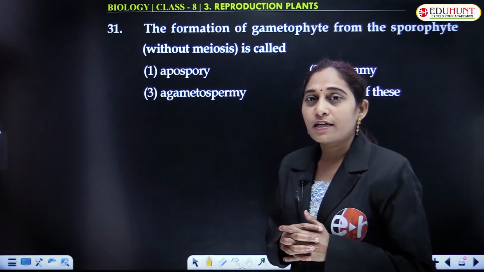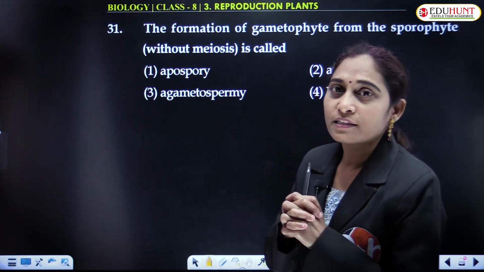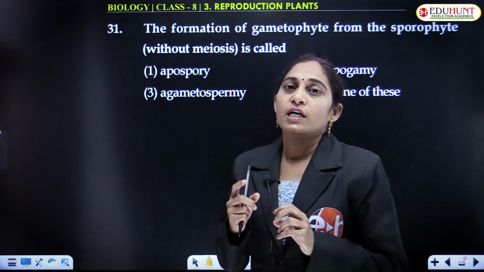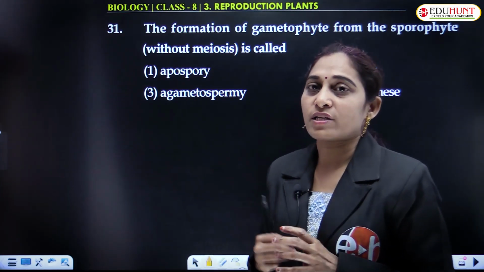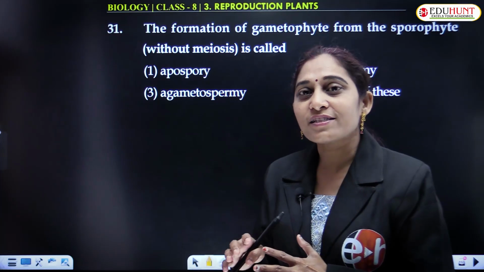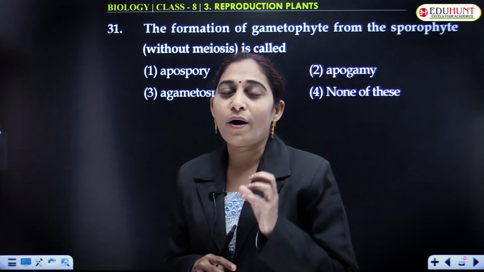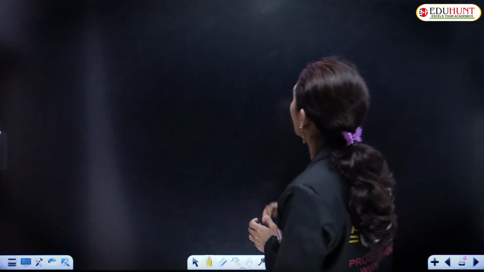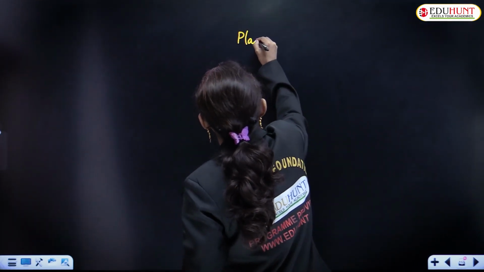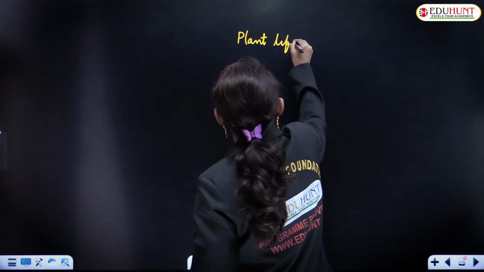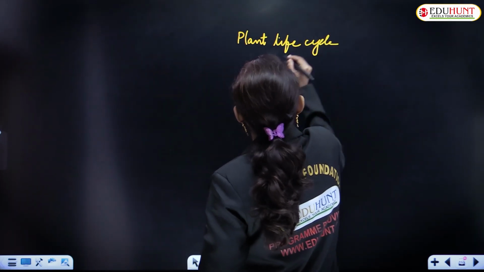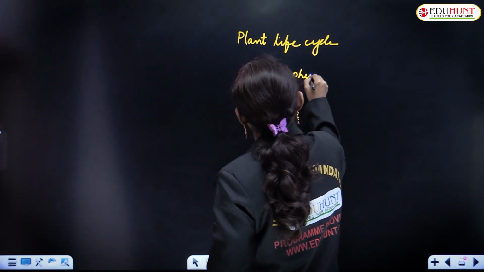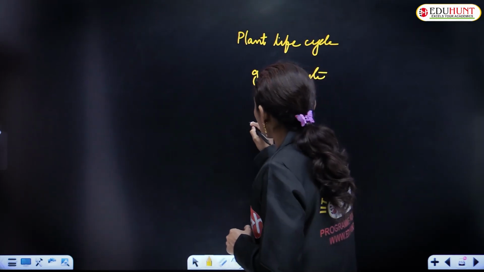I mentioned that in the plant life cycle, there will be two phases. It passes two stages in its life cycle, and the two phases alternate with each other. One is gametophyte, the second is sporophyte.